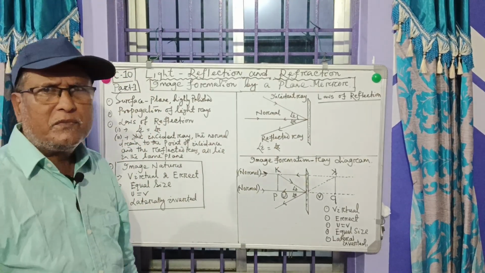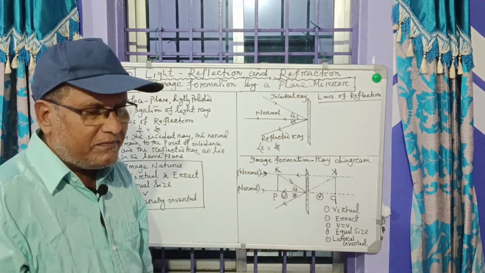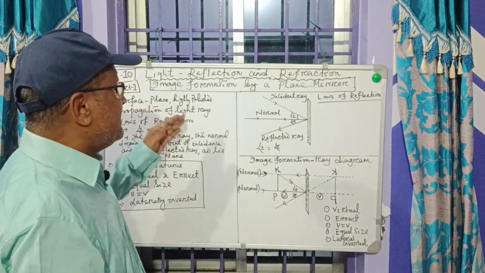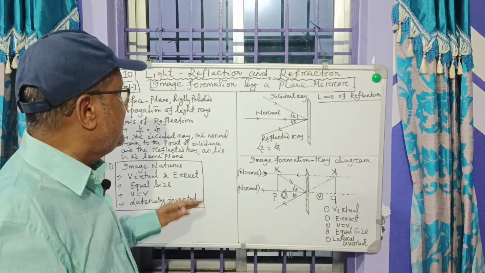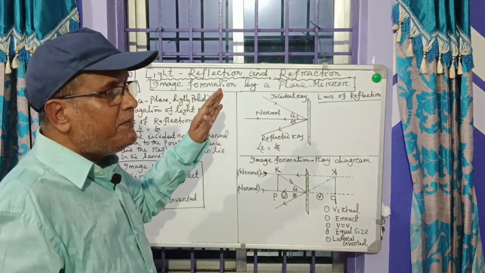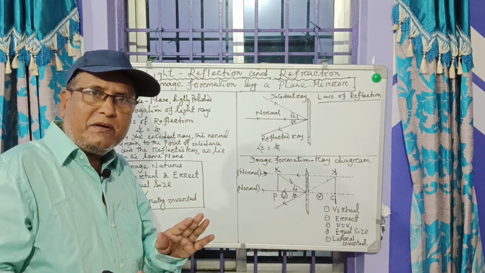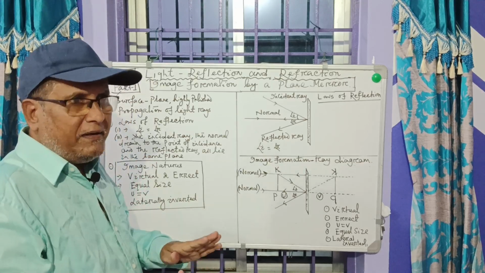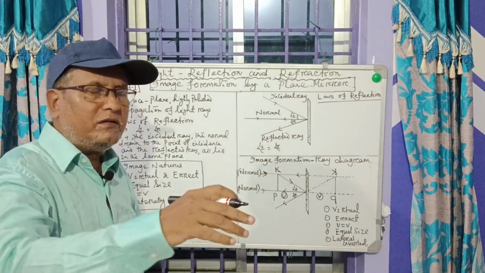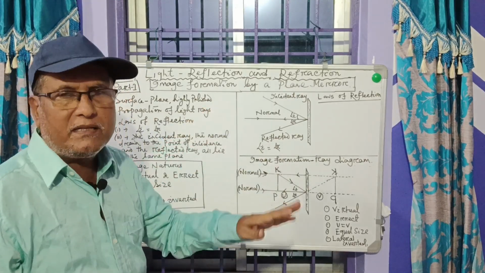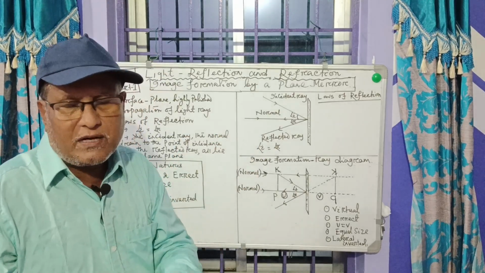Then, how does a light ray travel? Light rays travel in a straight line in a transparent medium. This is very important. But whenever the light ray enters from one medium to another, it changes its path. We shall discuss that in our later classes.